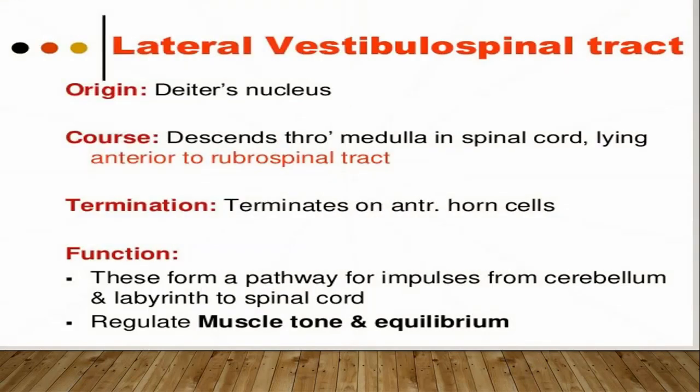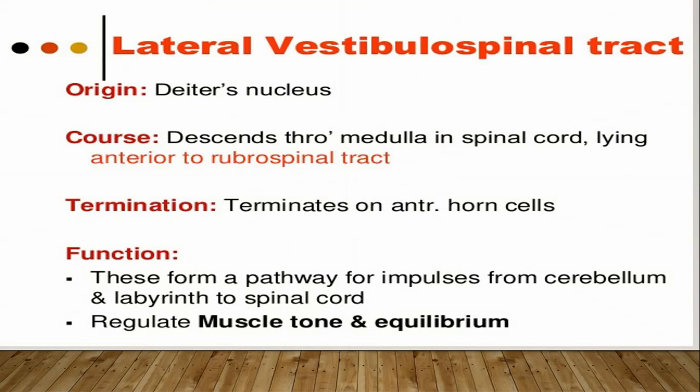And this is the lateral vestibulospinal tract. These fibers also originate in the Deiters nucleus. The course descends through the medulla in the spinal cord, lying anterior to the rubrospinal tract. It terminates on anterior horn cells.